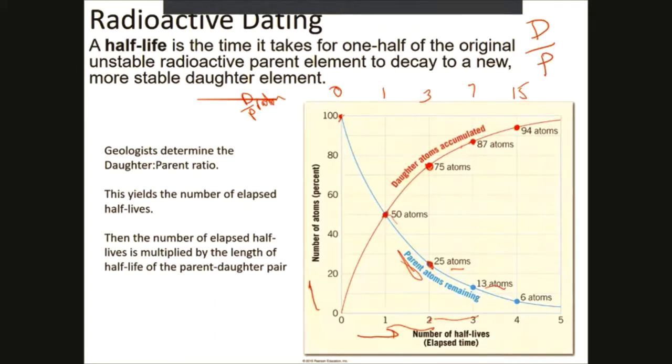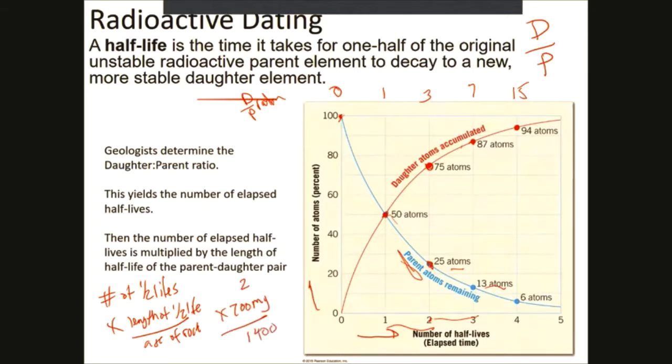And since 2 half-lives elapsed, we take the number of half-lives multiplied by the length of 1 half-life, that gives us the age of the rock, how long ago that mineral crystal formed. So in this case, we had 2 half-lives times 700 million years gives us 1,400 million years, or 1.4 billion years.